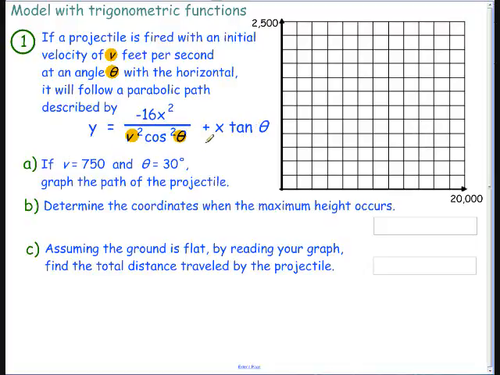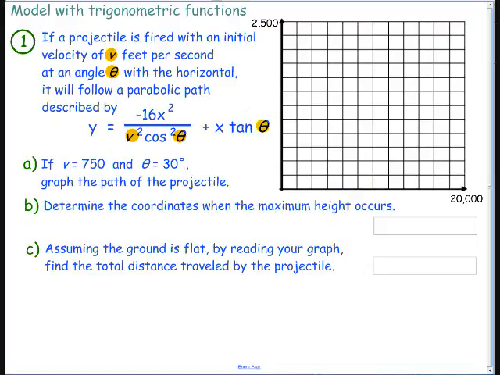These are in the denominator. Here's the variable. That's the angle varying. This angle here, the angle at which the projectile is fired, that is not varying. What's varying is this, right along here.